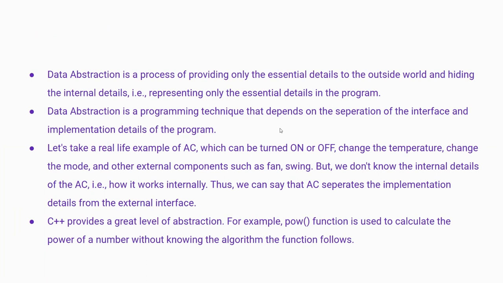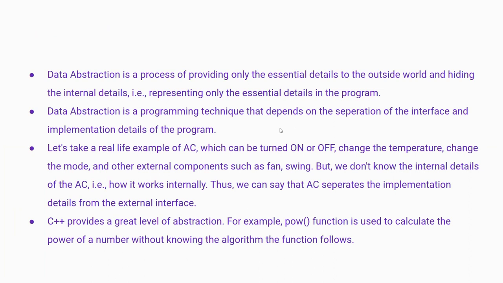Data abstraction refers to providing only the essential information about the data to the outside world and hiding the background details or the implementation. We'll consider a real life example of a man driving a car.